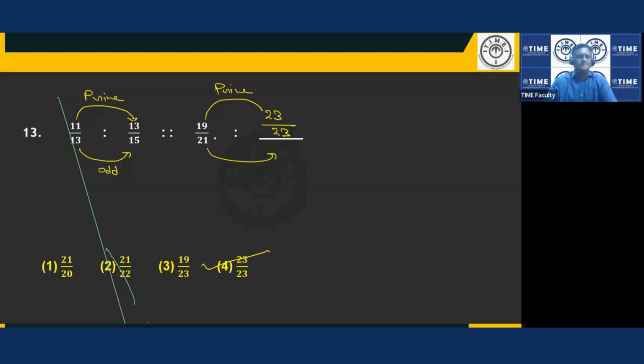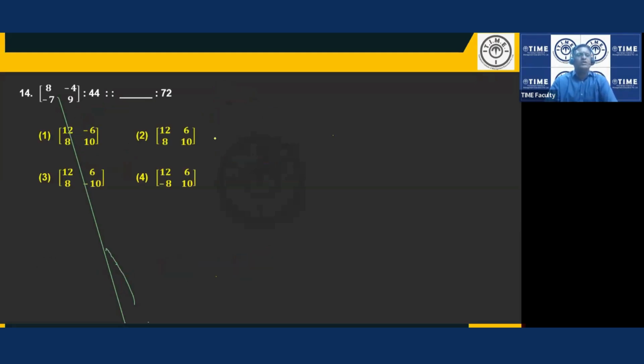Next. Yeah, this is a matrix. 8 minus 4 minus 7 9. I think you have an idea of the det formula, does anyone? A B C D. If it is a matrix, what is the det formula?